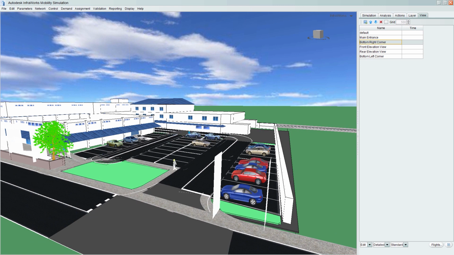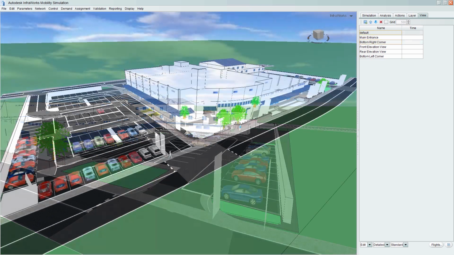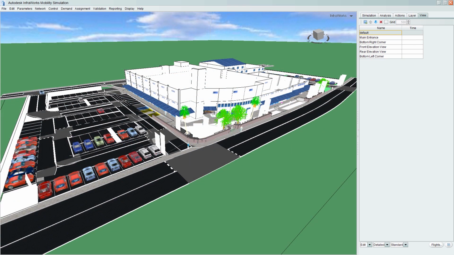All the cars and the people are aware of each other. So during the simulation, the people are moving from the car through the car park, avoiding the cars, and the cars are avoiding the people. They go into the supermarket, they do what they've got to do there, then they come back out, get back in their cars, and then drive away.